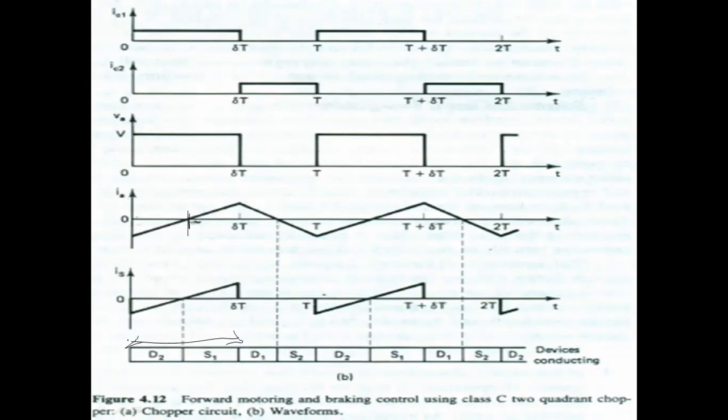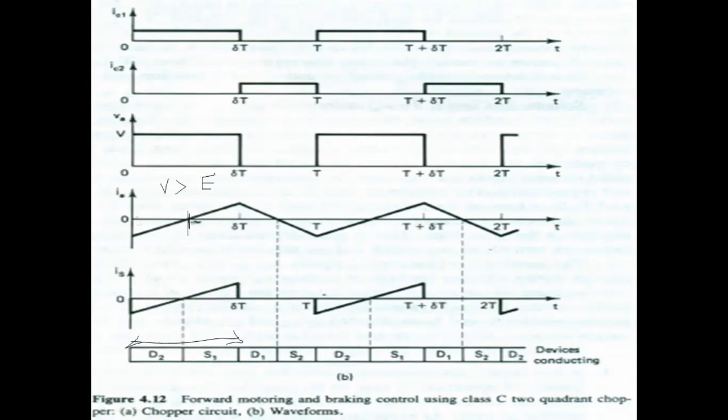S2 will be off, considering S2 is off. Only S1 is there, so S2 is off and D2 is conducting. The armature current falls to 0 during this interval and S1 will conduct immediately because IC1 is present, as V will be greater than E. The voltage source is greater than E.